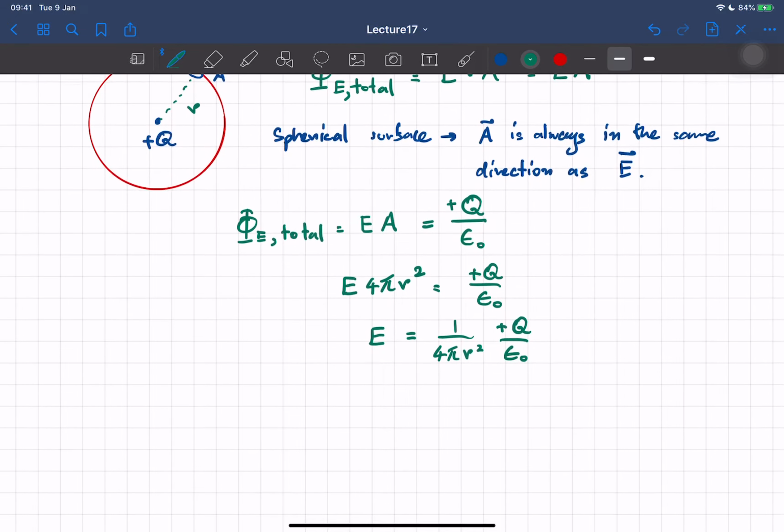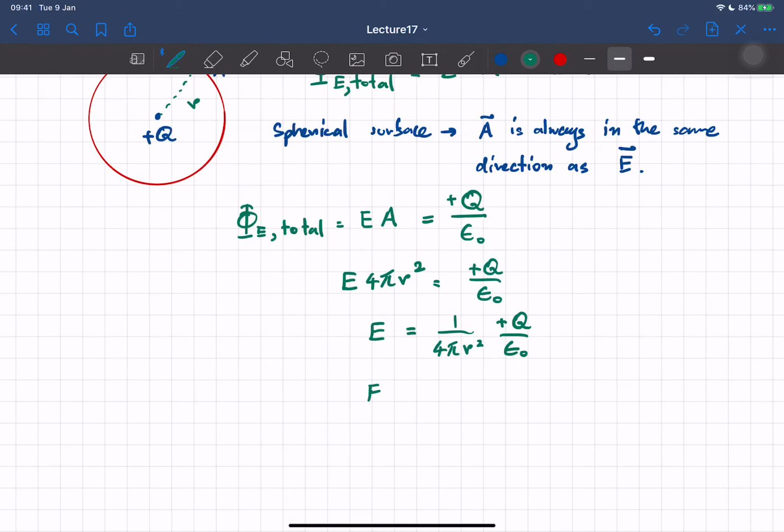Rearranging this a little bit into a familiar form, it is 1 over 4 pi epsilon 0 times plus q divided by r squared. You probably guessed already that this is the same as what we had in the previous lecture, where the electric field from a point charge is just kq divided by r squared.